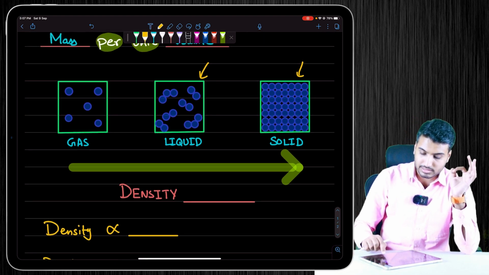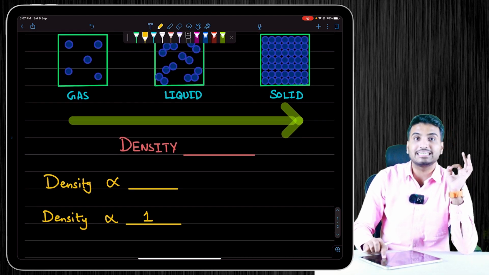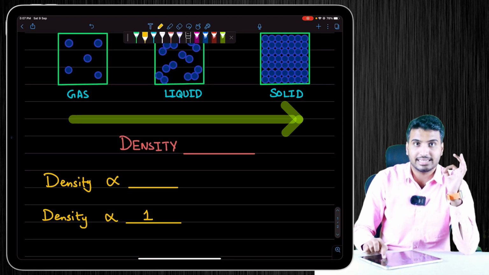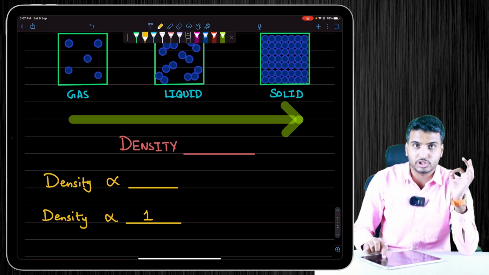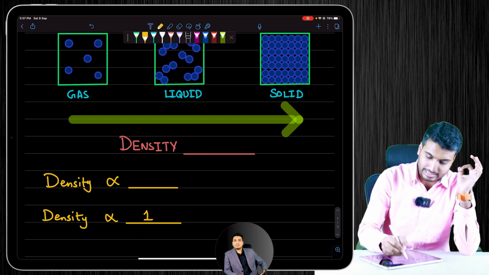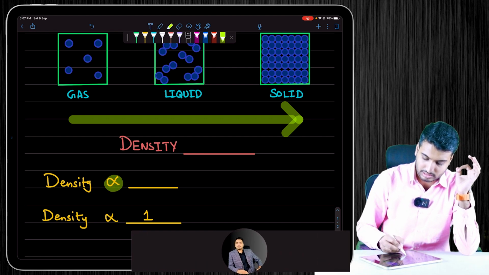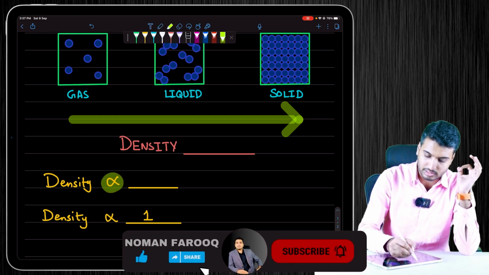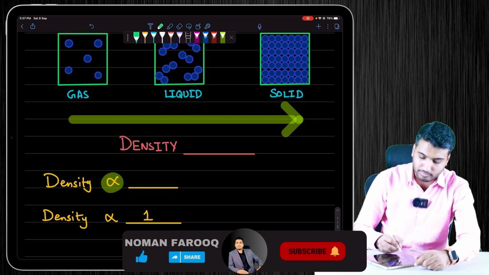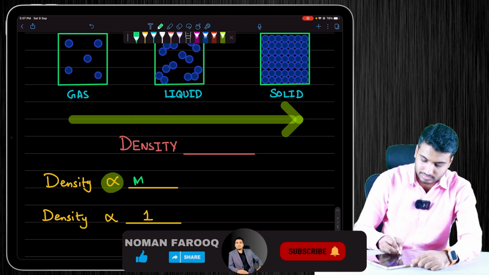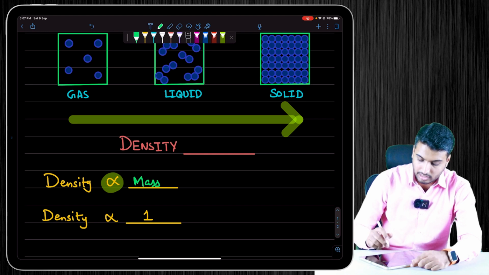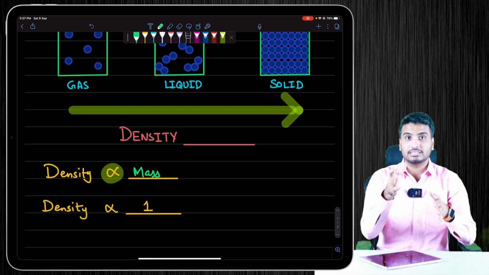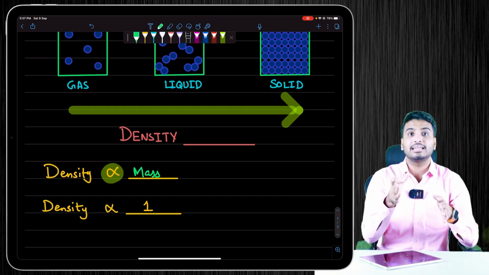So what happens? Density is directly proportional. This is the symbol for directly proportional. Density is directly proportional to the mass. It means if mass increases, density increases as well.